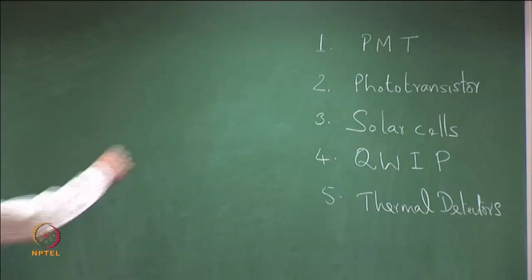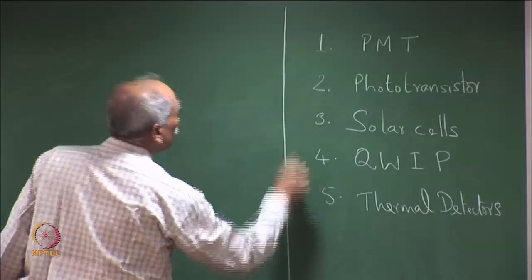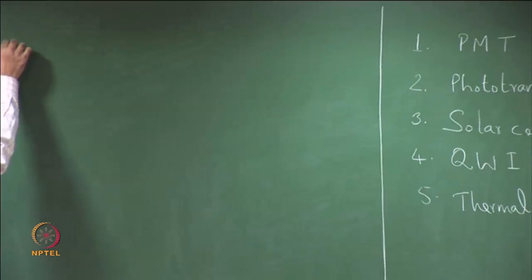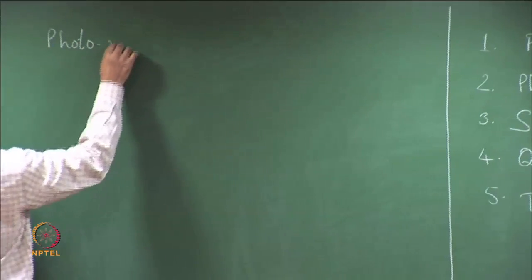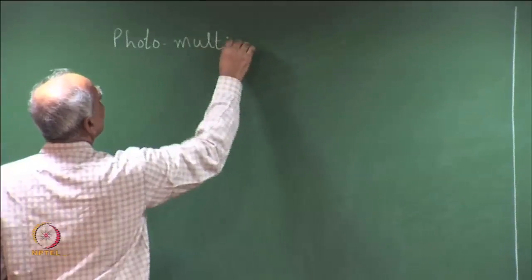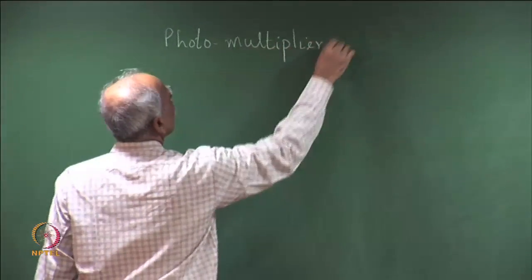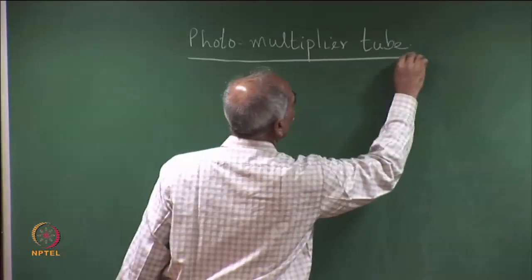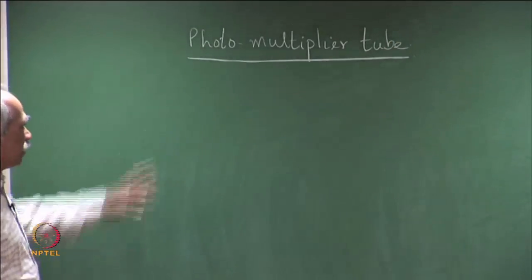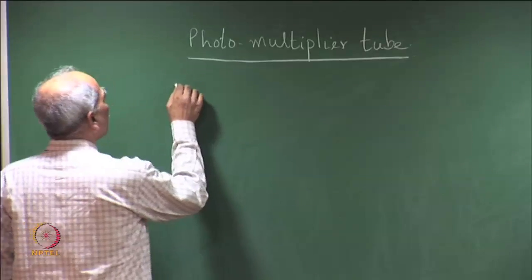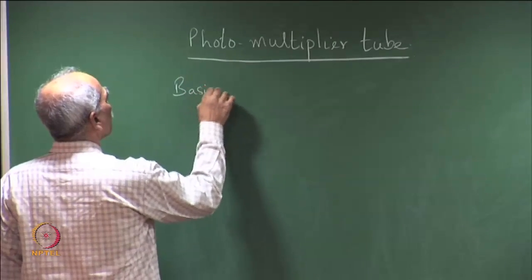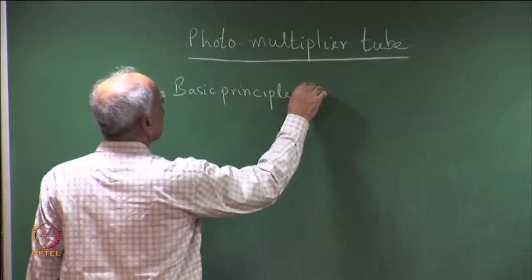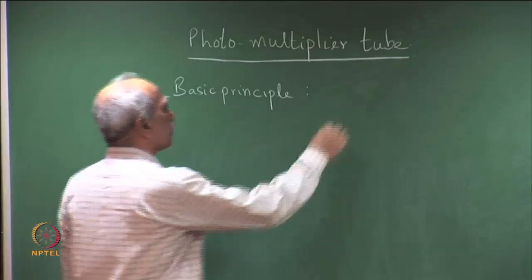So, let me start with the PMT, because it is a widely used photodetector, the photomultiplier tube. The basic principle of operation is first the photoelectric effect.